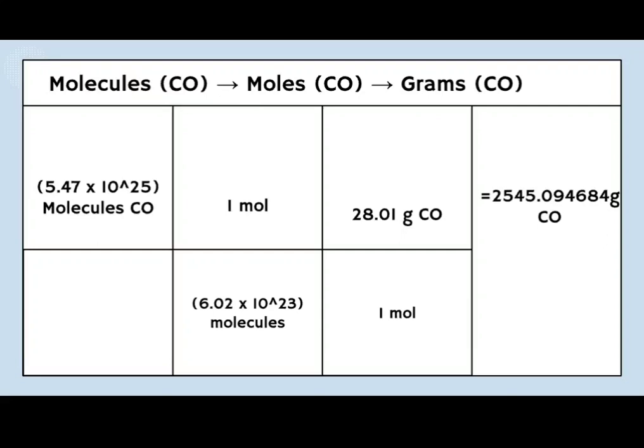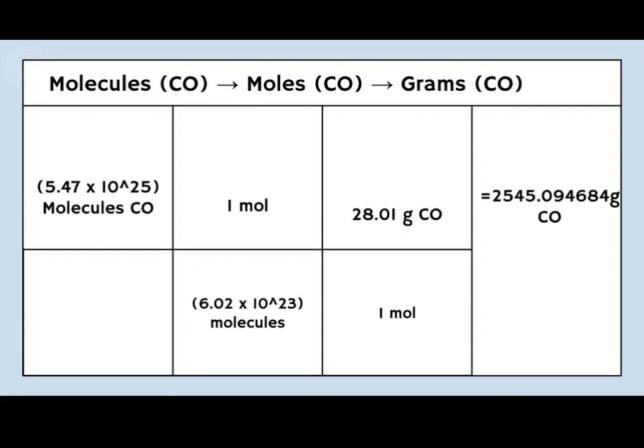So we're trying to find this excess to see how much we have left over. Using 5.47 times 10 to the 25th power molecules of carbon monoxide, divide that by 6.02 times 10 to the 23rd power molecules of carbon monoxide. Then we multiply by the molecular mass of carbon monoxide, which is 28.01, to get the original reactant value, to see if for the next problem our excess reactant is less than this original value.